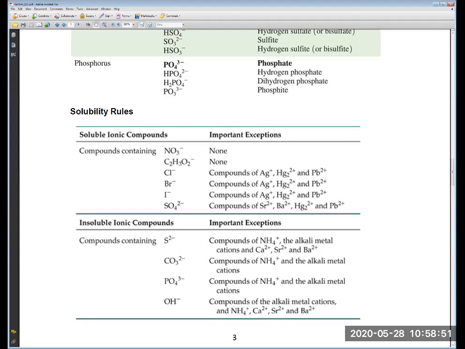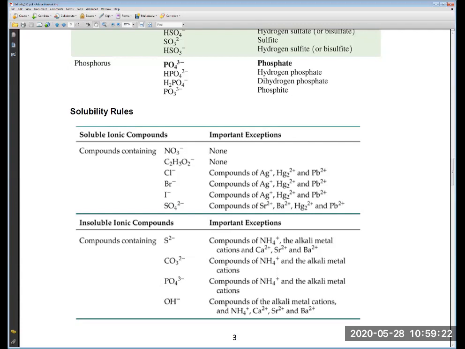In the part where it says soluble ionic compound, we have Cl minus there, because in LiCl we have Cl. And Li is not listed there, so let's look at Cl. Cl minus makes soluble ionic compounds. Let's look at the exceptions: except when it is with silver, mercury, or lead. And here it's with lithium, so it's not an exception.